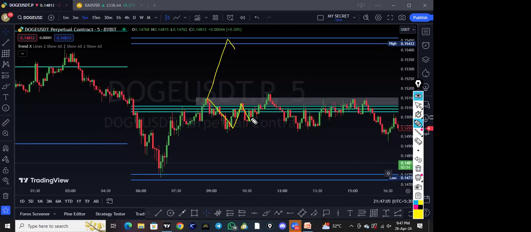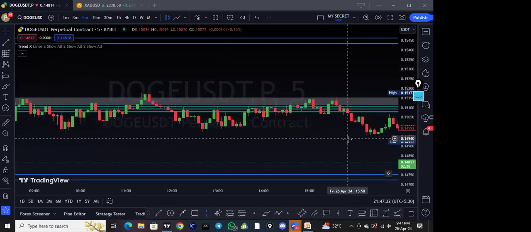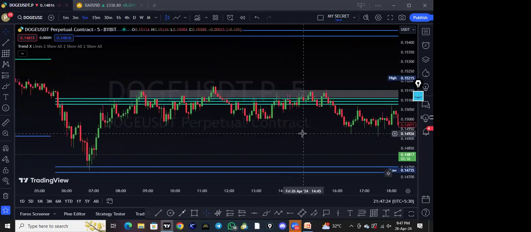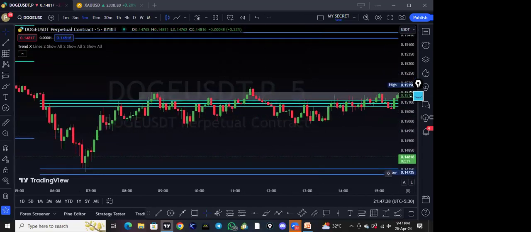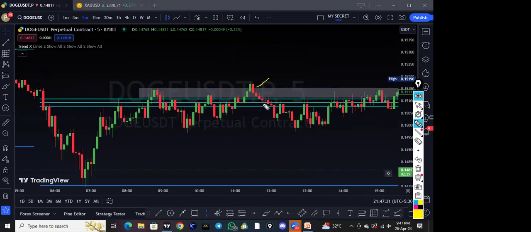Whenever I get my short, after coming back here, we got confirmation that this is today's resistance. Whenever it comes near this zone, with any candle confirmation we go for a short position. Yes, we got a bearish engulfing, the next one here. Immediately you can take the trade and keep your stop loss.